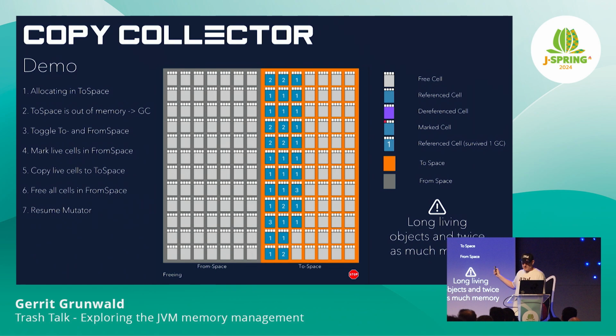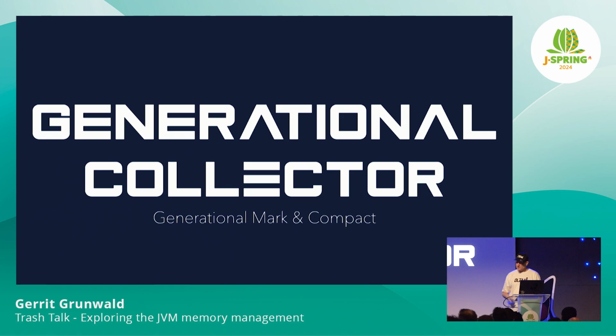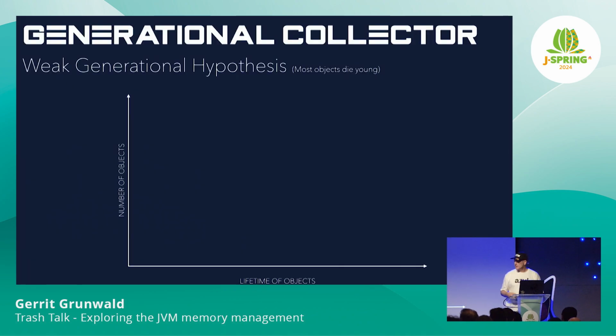And if you understand that, you will also understand the next one, which is more complex. It's the so-called generational collector. All the collectors that we saw right now, this is just one generation, right? We allocate, we mark, we free, we remove, done. So multi-generational collectors work differently, because there's the so-called weak generational hypothesis, and that means most objects die young.